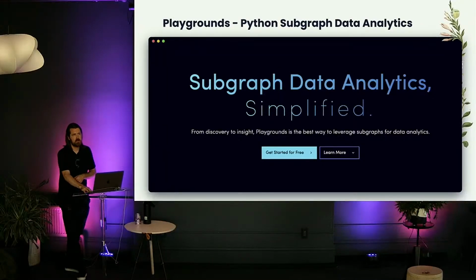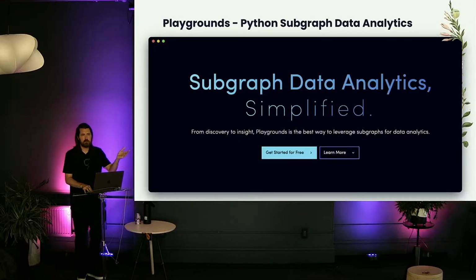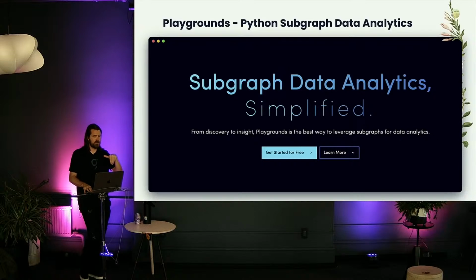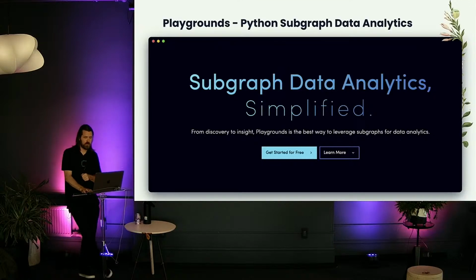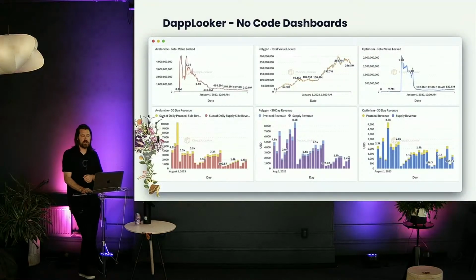If anyone wants to do Python-based ingesting of subgraph data, I would recommend checking that out. And if you want no-code dashboards, DApp Locker is also really good. There's a lot of data already in there from Subgraph and from different protocols, and you can easily pop these into your application as well.